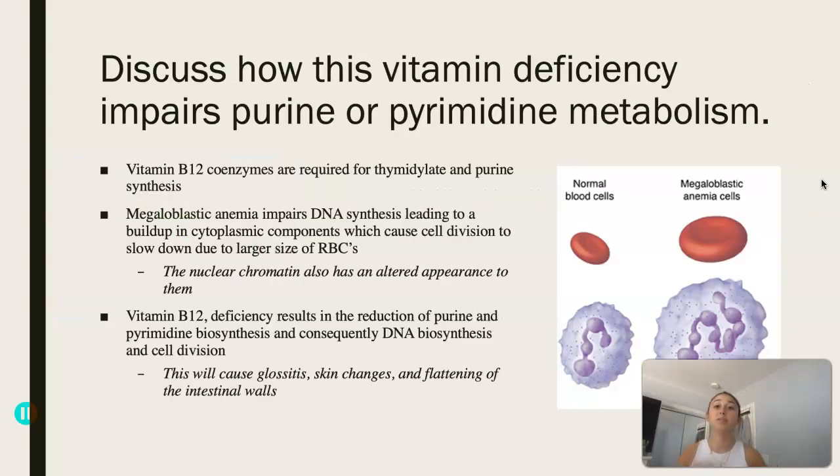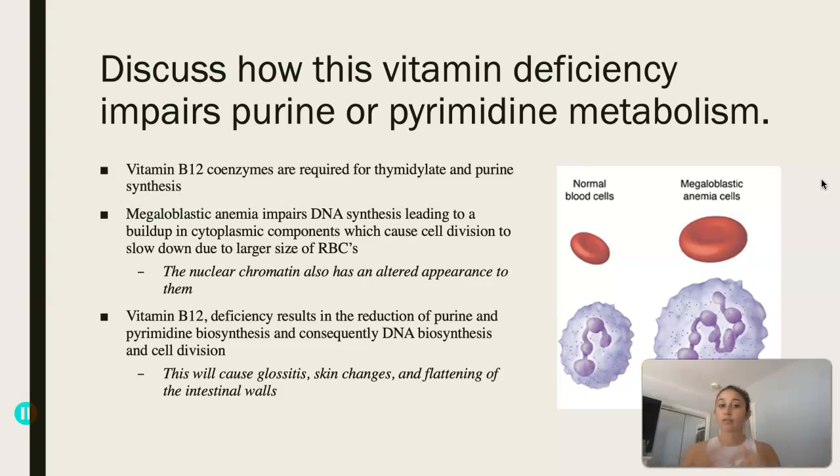So how does vitamin B12 impair purine and pyrimidine metabolism? The coenzymes for this vitamin are required for purine synthesis, and megaloblastic anemia impairs DNA synthesis, leading to buildup in a cytoplasmic component, which causes cell division to slow down because of the larger size. So a deficiency in this will affect DNA synthesis because of the size.